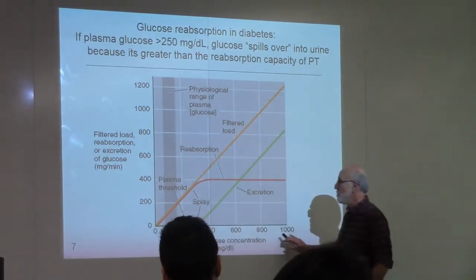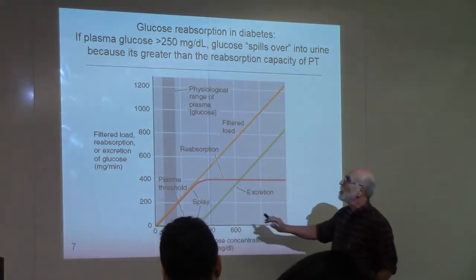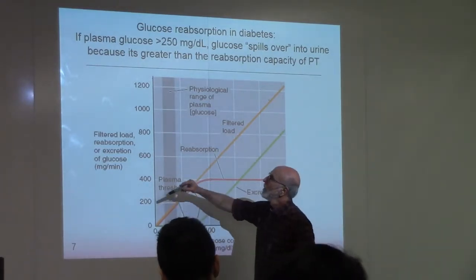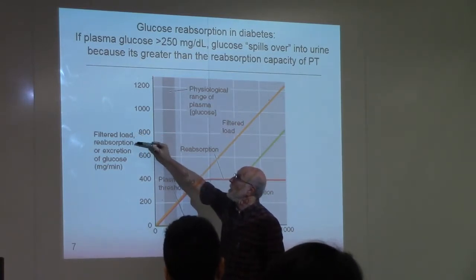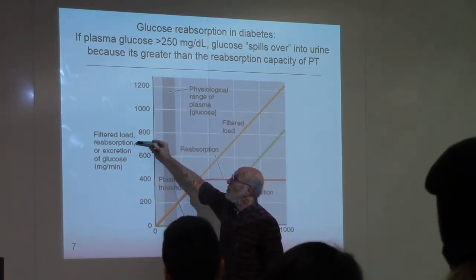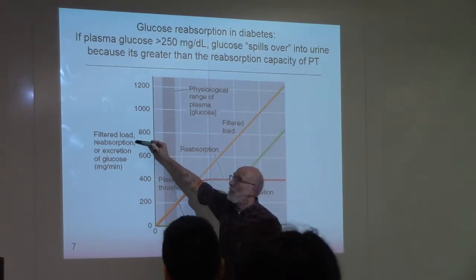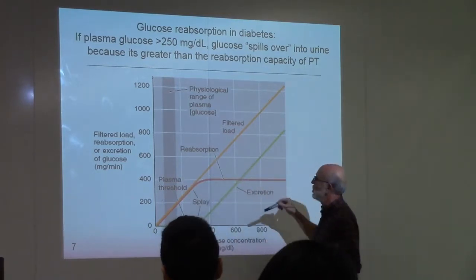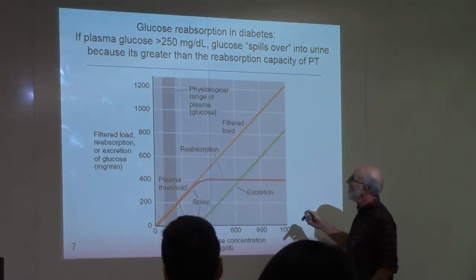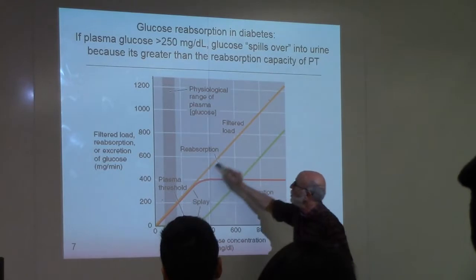Okay, so this is plasma glucose concentration in mg per deciliter. This is looking at either the filtered load, which you're going to work with on the problem set, or the reabsorption in milligrams per minute, or the excretion of glucose. So there's three different things being plotted here. This is the filtered load.